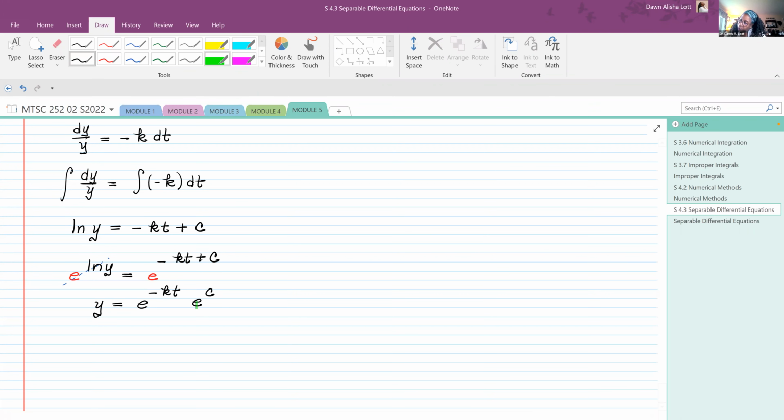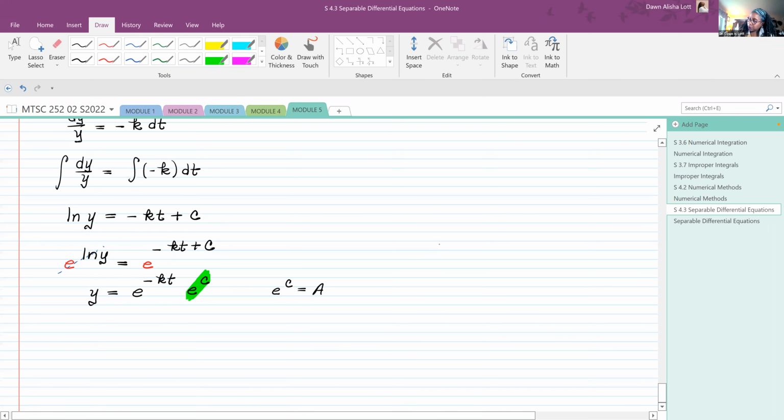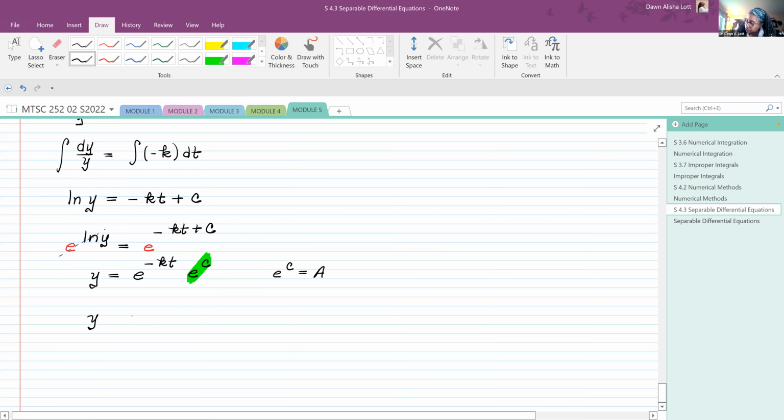Just like before, we let e to the c be a constant and call it a. So I get y equals a e to the negative kt. That is a general solution to the radioactive decay problem.